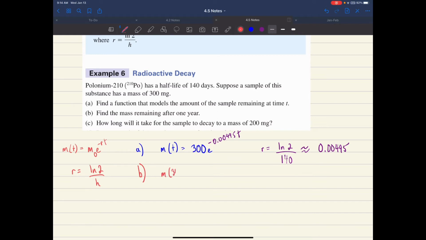So this would be m of 365 equals 300 times e raised to the negative 0.00495 times 365. And after that, it's approximately 49.256. And this would be milligrams.